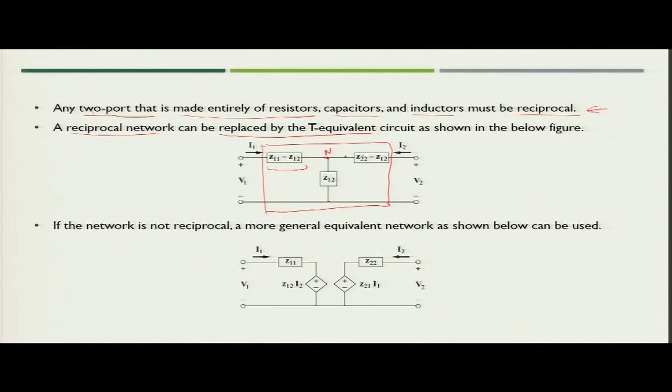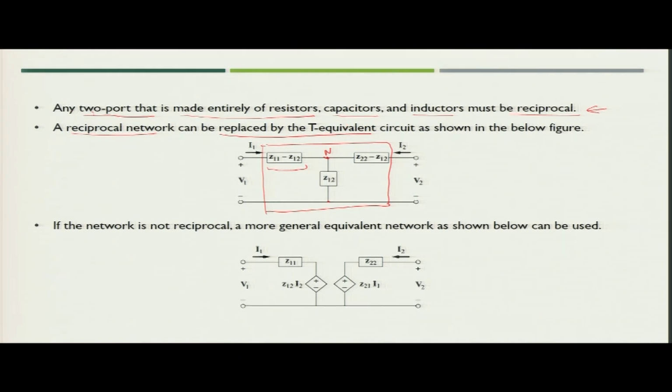With this you can represent a reciprocal network by a T equivalent circuit, or you can also say Y equivalent circuit, because Y and T are used interchangeably in the literature, but most of the time it is considered a T equivalent.